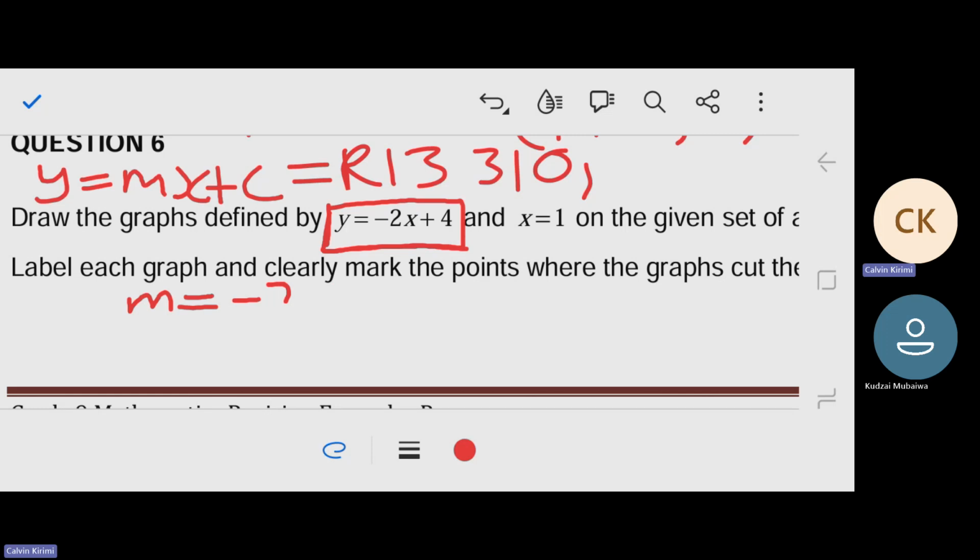And what is the y-intercept? Your c is plus 4.